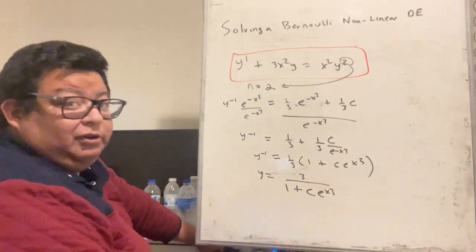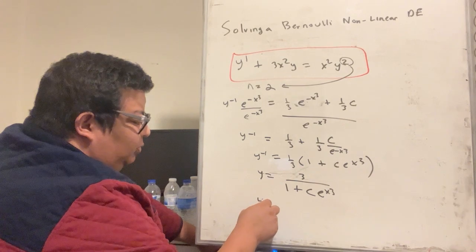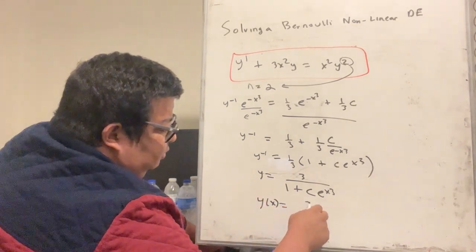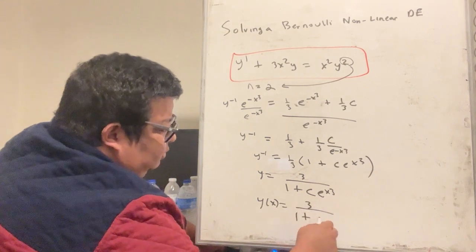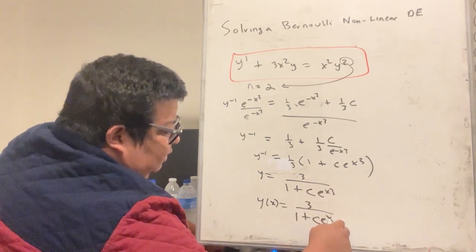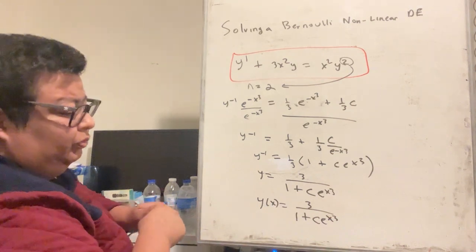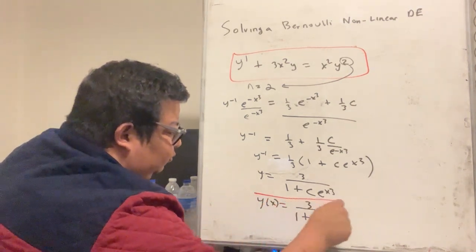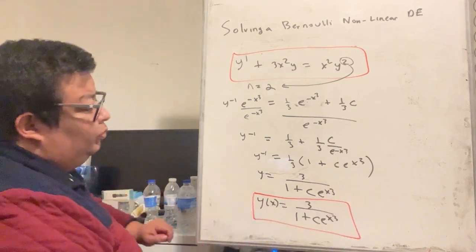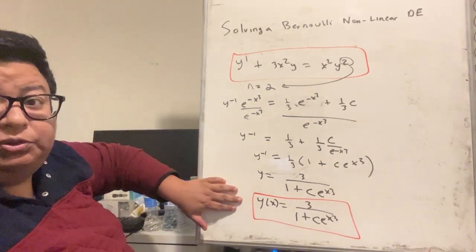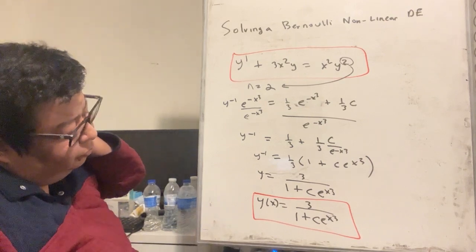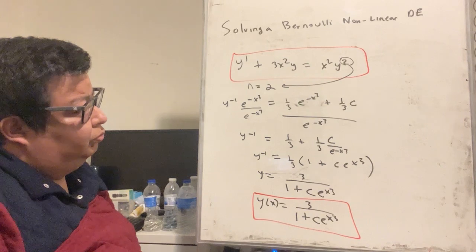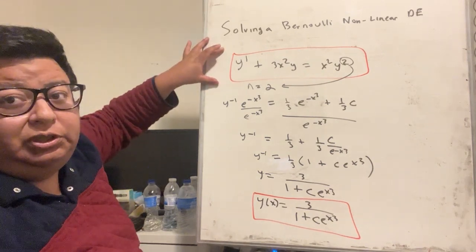And of course we want a function, so y of x equals 3 over 1 plus c e to the x cubed. Okay, so this will be our general solution to this Bernoulli equation.